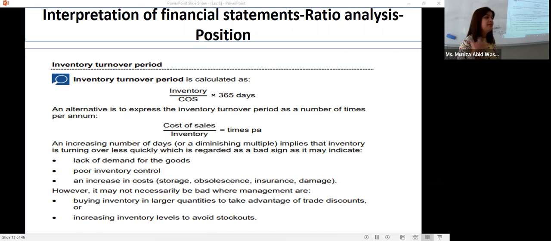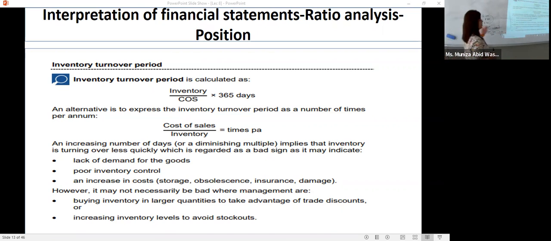So maybe the inventory levels are higher because the company is trying to take advantage of the economies of scale. Economies of scale is again a jargon, which means that by increasing the scale, we are going to get the economies. We are going to get the advantages. So the more the levels of inventory are purchased, the bulk discounts can be taken.